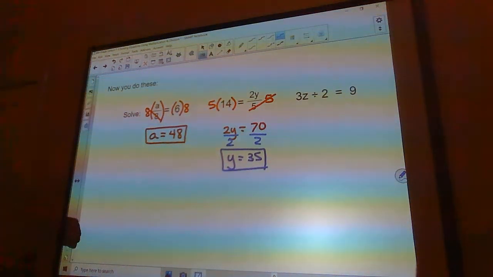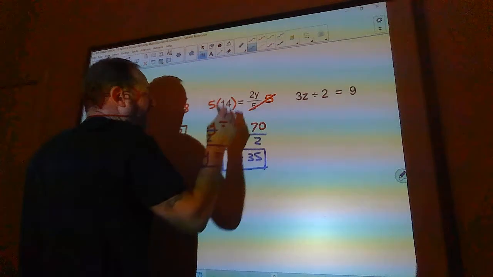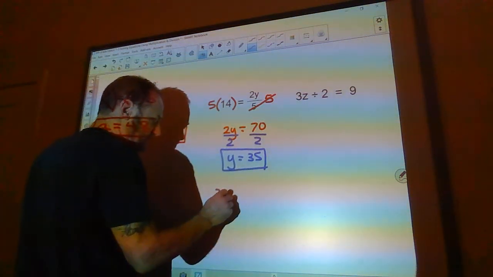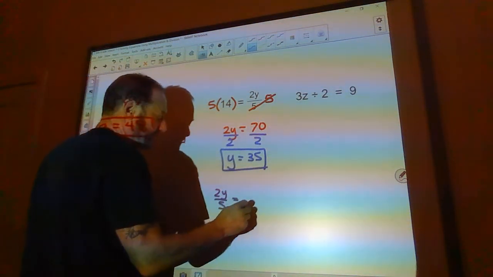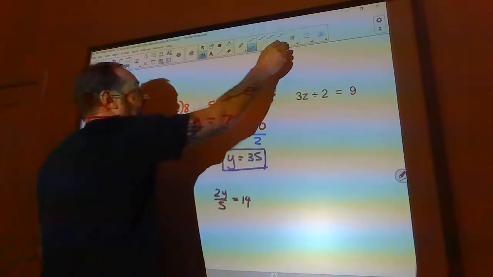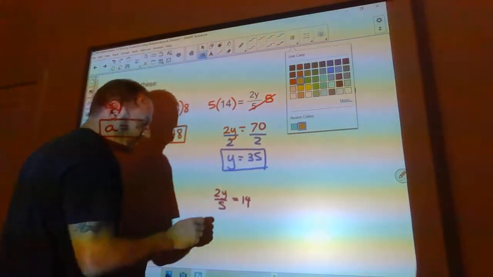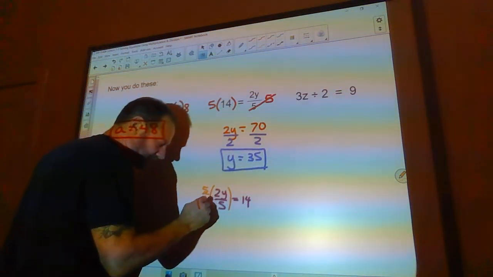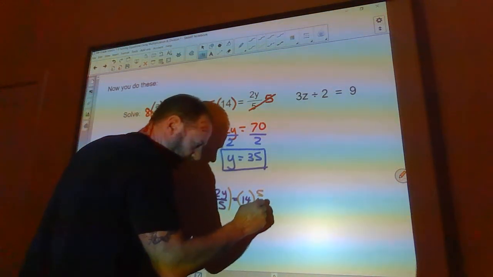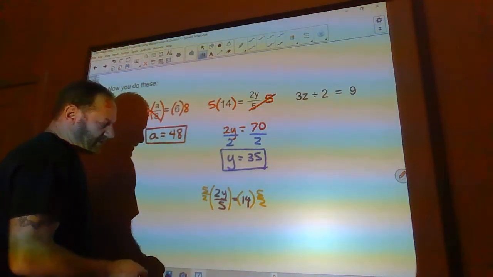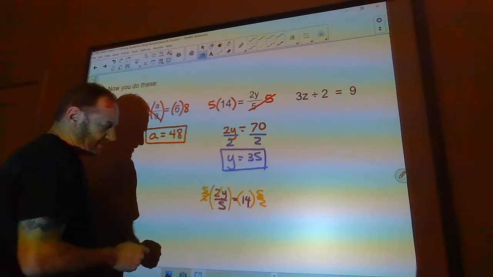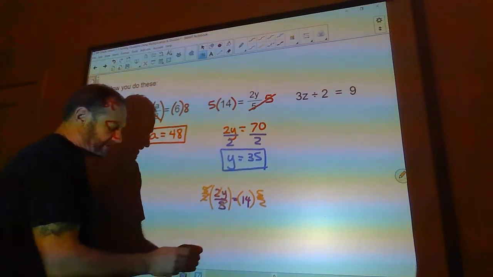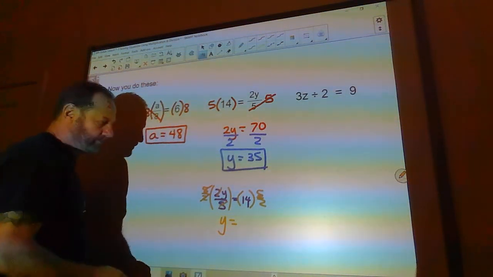Now the other way that I could do this, if I wanted to do it all in one step, is I could just multiply both sides of this by 5/2. So the 2 on the bottom cancels the 2 on the top, the 5 on the top cancels the 5 on the bottom, and I just get y.